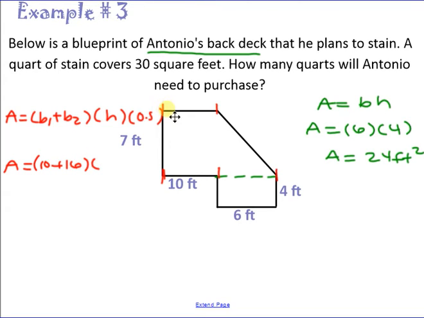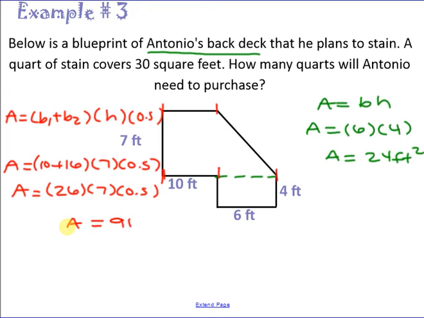Now my height is from here to here, which is 7, times 0.5. 10 plus 16 is 26, times 7, times 0.5. I'm going to multiply all of those together, and I'm going to get an area of 91 feet squared.